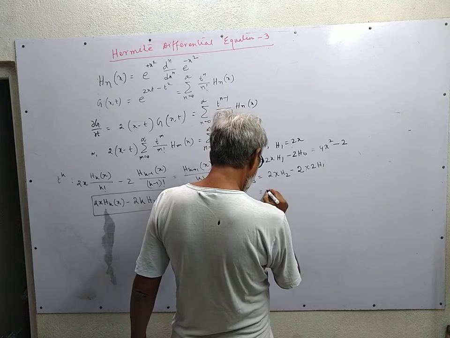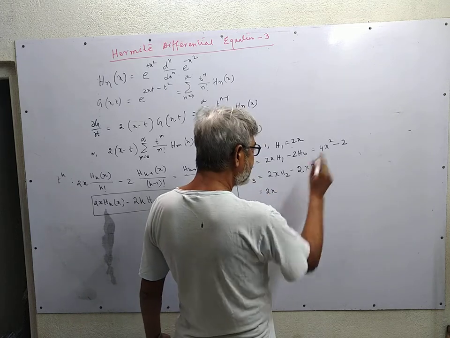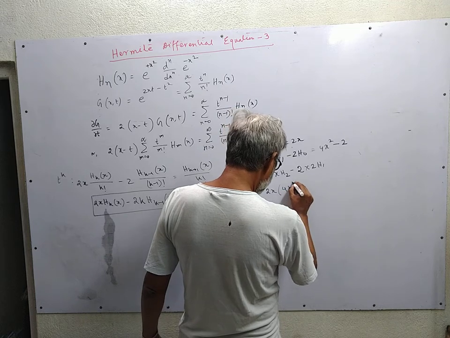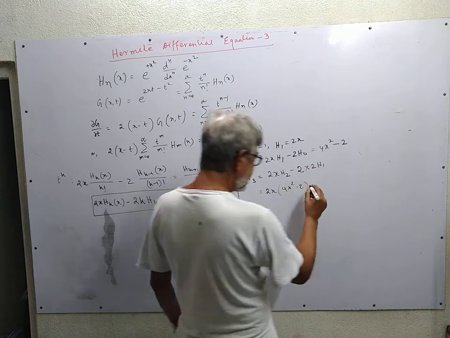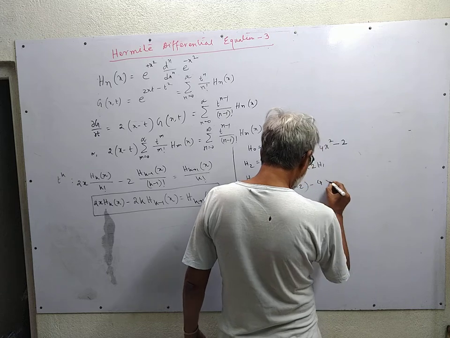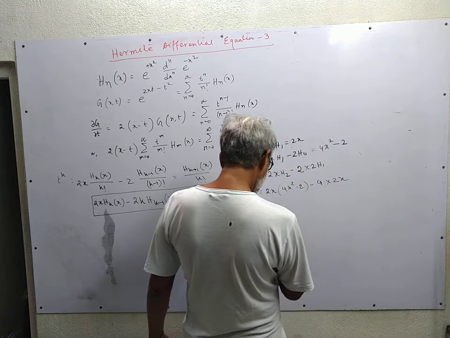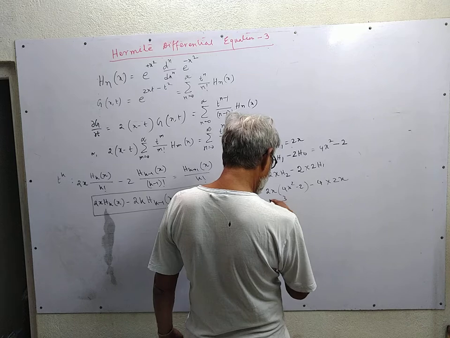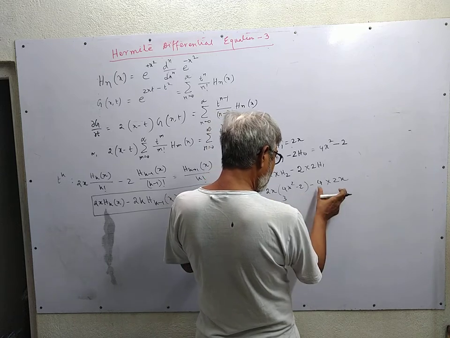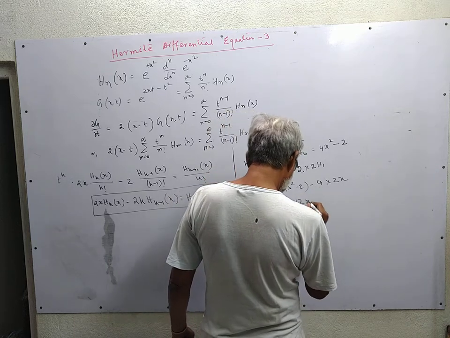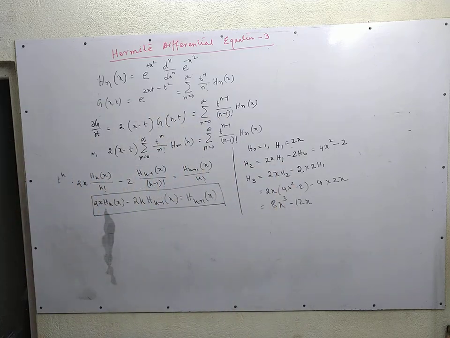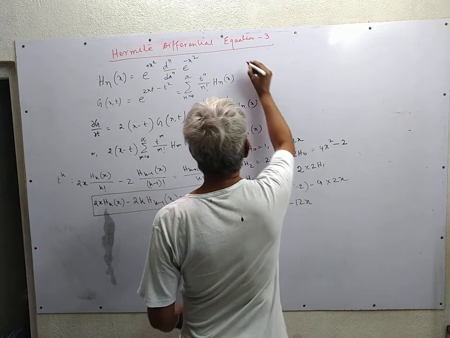So this is 2x into H2, which is 4x square minus 2, and minus 4 into 2x. So this is 8x cubed minus 4x minus 8x, that is 12x. In such a way we can generate Hermite polynomials of still higher orders using this recurrence relation.